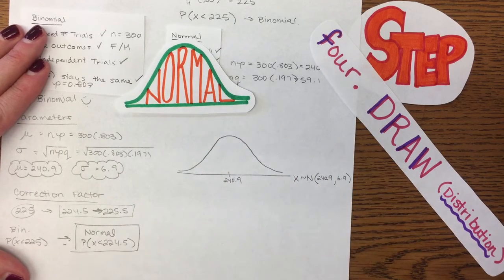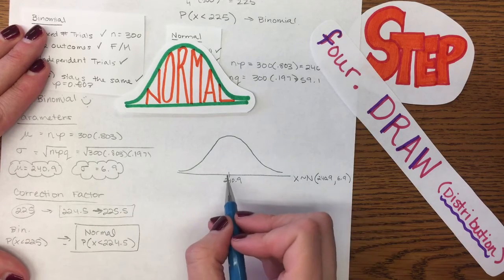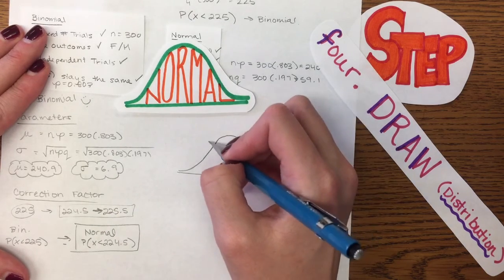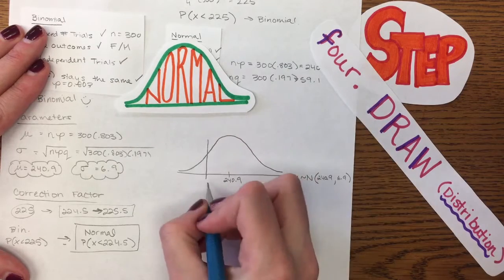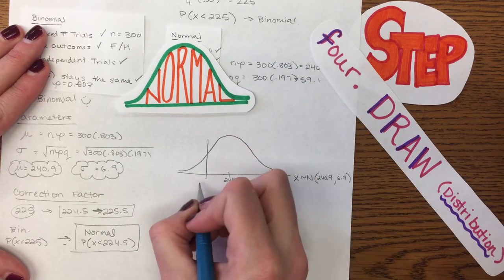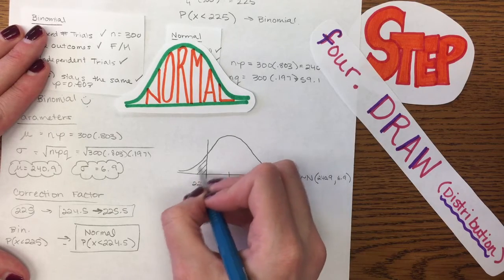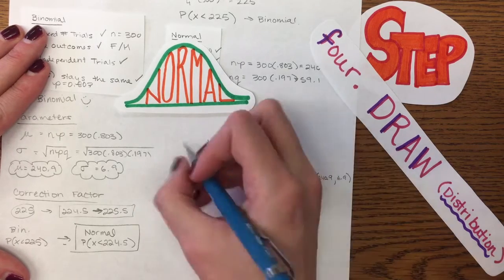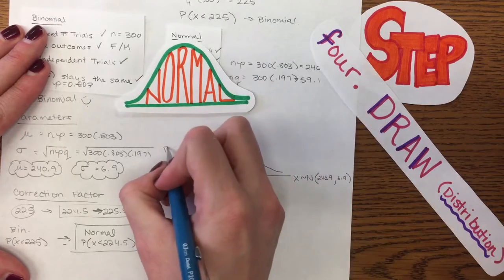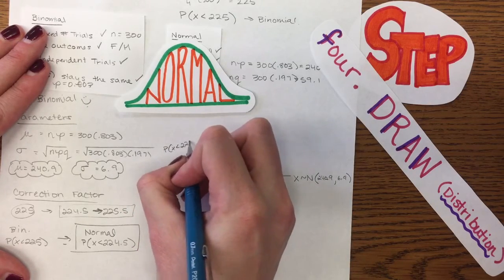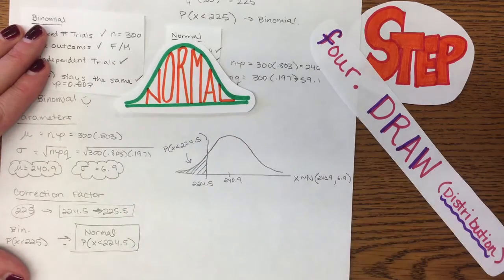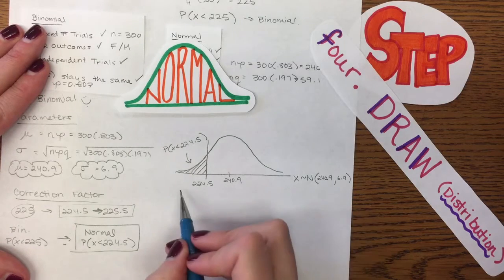So I want the probability that x is less than 224.5. 224.5 is going to be to the left of my mean. So the mean is 240, 224.5 is somewhere over here. And I'm interested in this area here. This area is the probability that x is less than 224.5. That's the area I'm going to be finding.